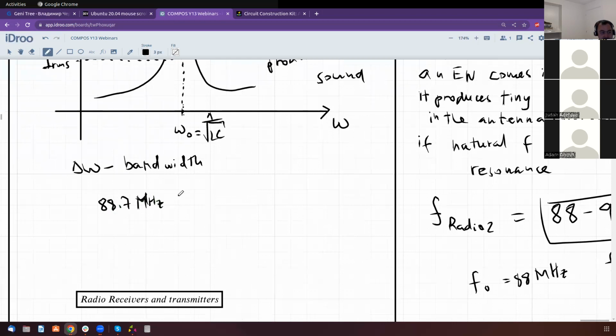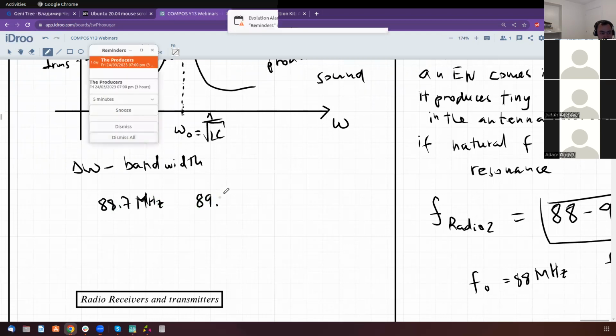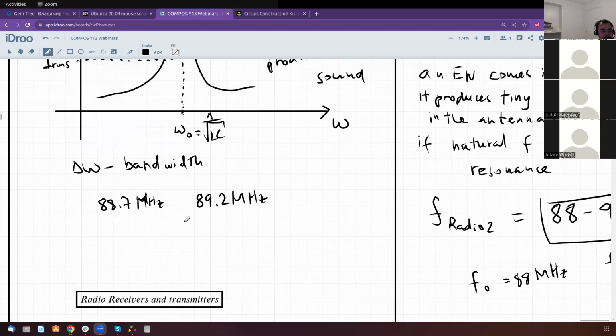Okay, so let's say the next radio station is 89.2. That means the bandwidth must be 0.5 megahertz. So delta F, well, it's delta omega and delta F, the same thing. I hope you understand that. Delta F is 0.5 megahertz.